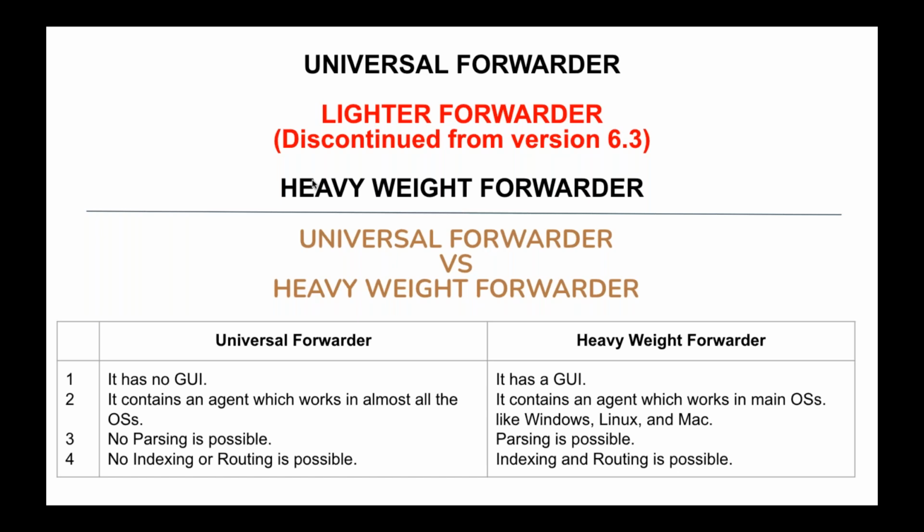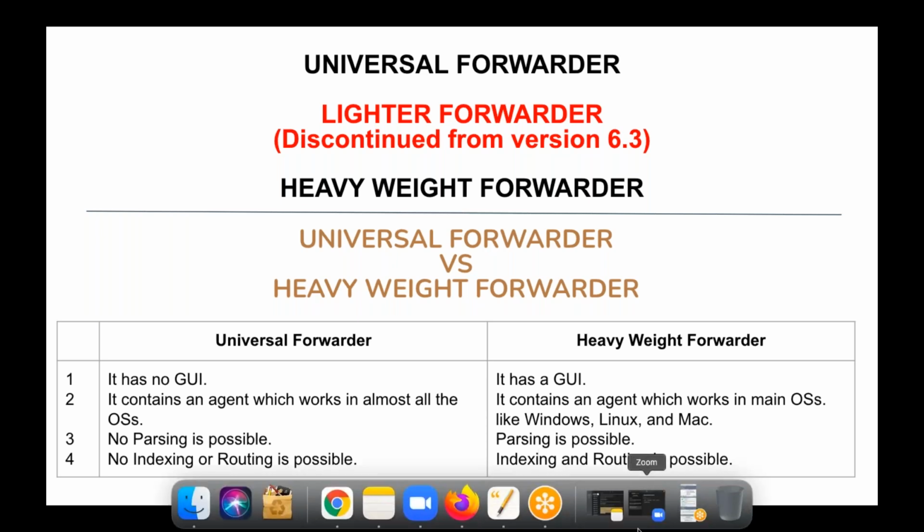This is because, as I have told you yesterday and today also, they are used to collect inputs. Both will collect the inputs, but they have put two forwarders, universal forwarder and heavyweight forwarder. Now I am telling the differences.